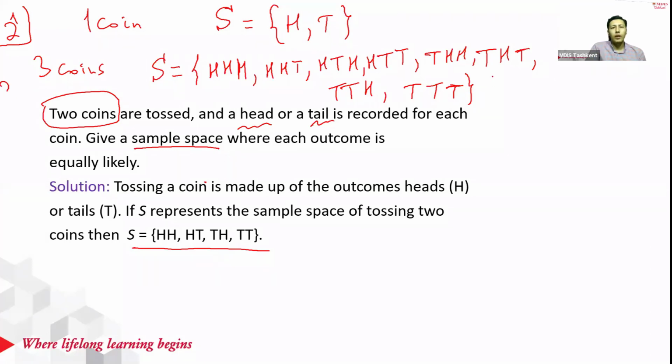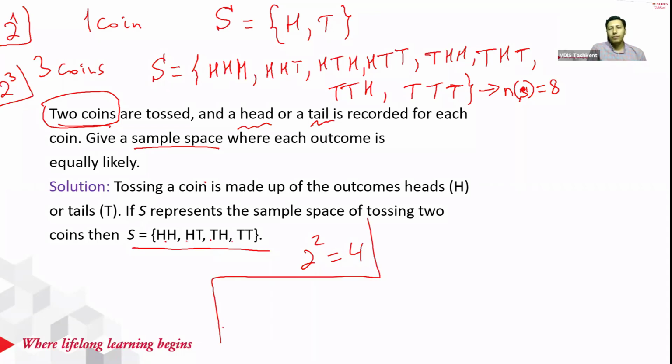That's equal to 8. Here, the number of elements is equal to 8. You see, you can generate that number using the previous formula. So here, how many? You are tossing twice. 2 coins are tossed. So it's equal to 4. You see, we have 4 elements.